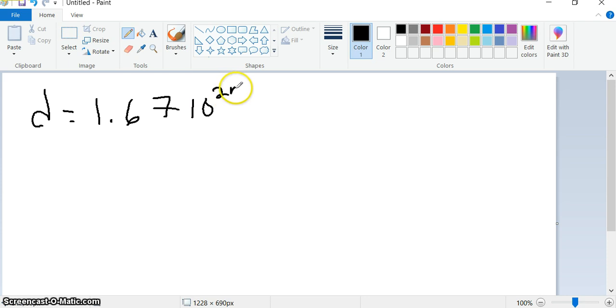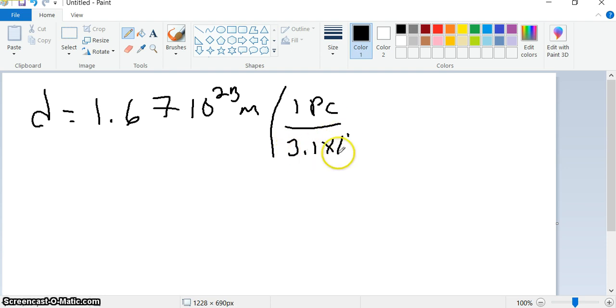Right, and then of course we're going to use our conversion, that 1 parsec is equal to approximately 3.1 times 10 to the 16th meters. So the meters cancel, and once you divide that, you get the distance to this particular Cepheid variable. And remember that this extends our distance scale enormously, by the way.